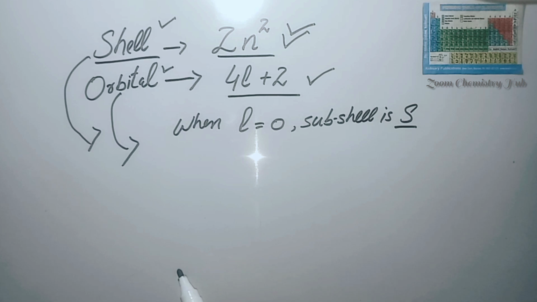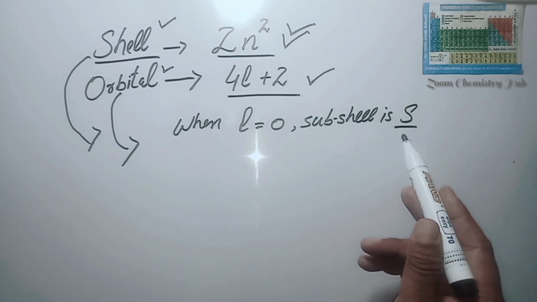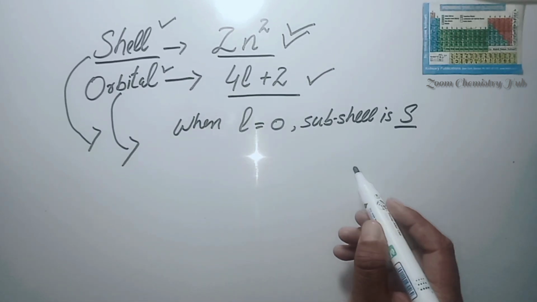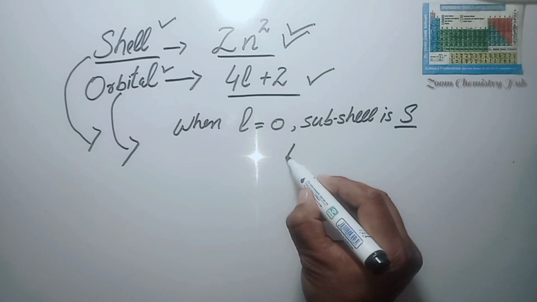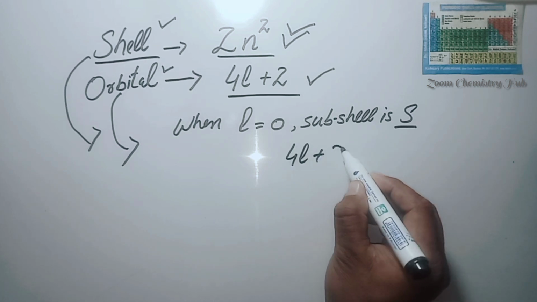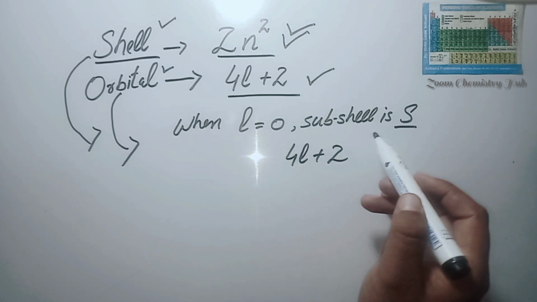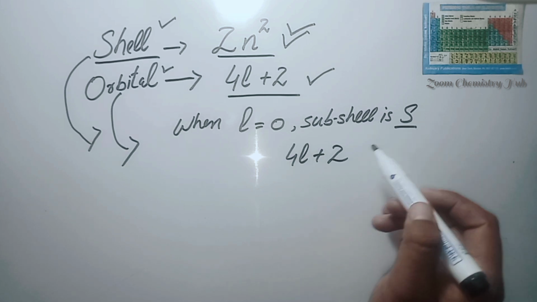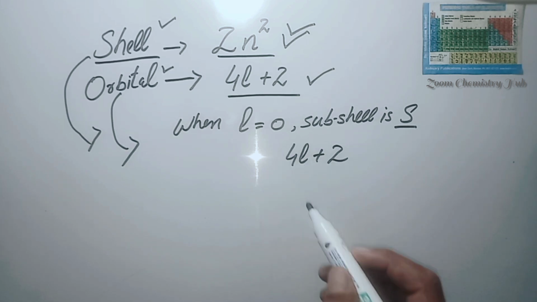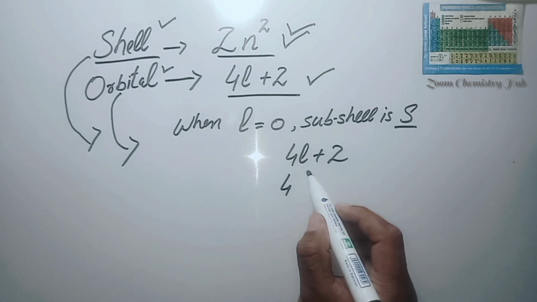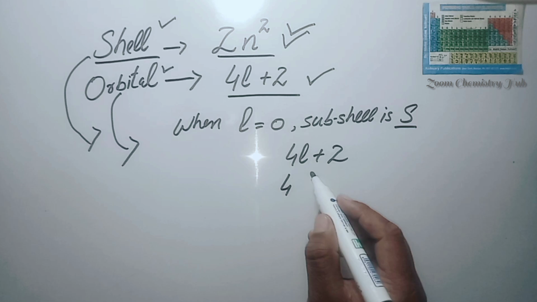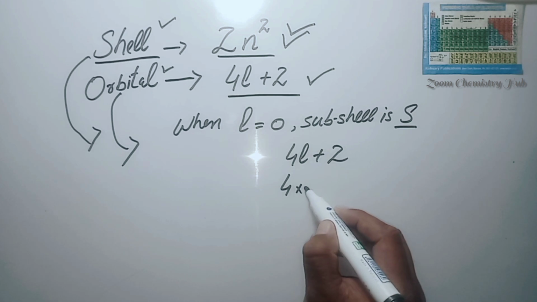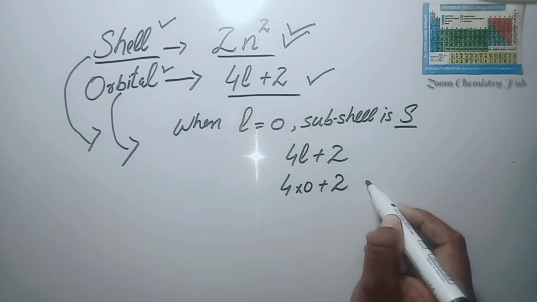Here the number of electrons in the s orbital we can calculate using the 4l plus 2 formula: 4 into the value of l for the s orbital, which is 0, plus 2.